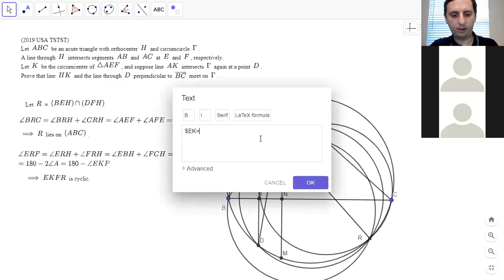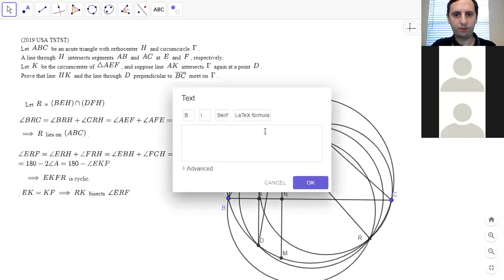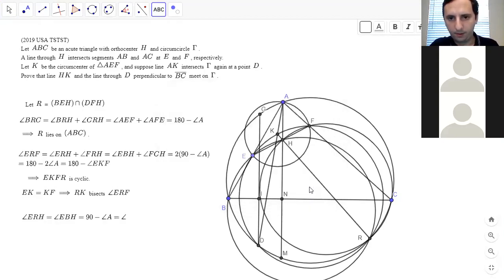I'll say since EK equals KF, then RK bisects angle ERF, and we also have angle ERH is angle EBH is 90 minus angle A, which is angle FCH, which is angle FRH.